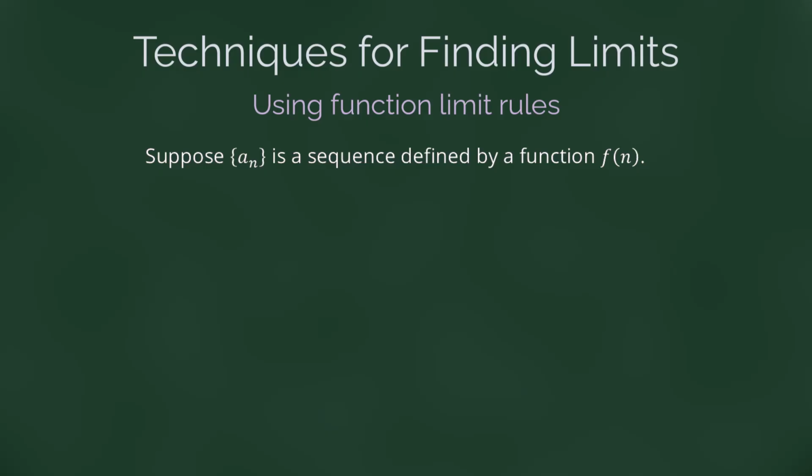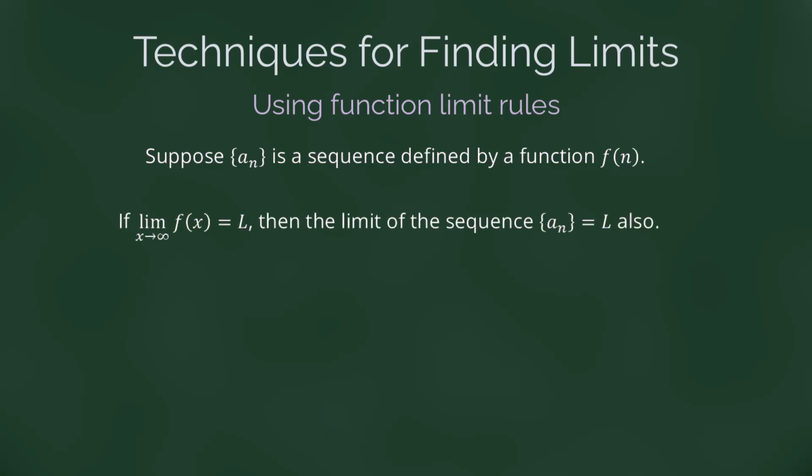We'll see that there are 3 distinct cases for examining the limit of a sequence when comparing it to the limit of a function. If the limit as x approaches infinity of the real valued function f of x is equal to L, then we can conclude that the limit of the sequence a sub n is also L. That would mean that the sequence converges.